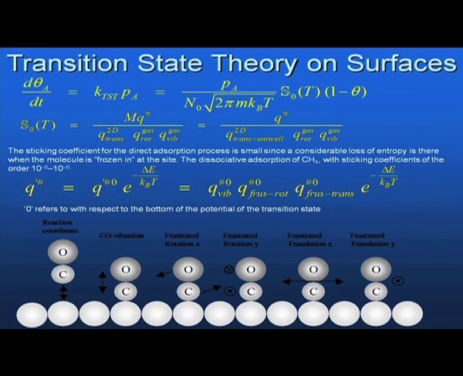Now, it is typically categorized into two, one is indirect adsorption, another is direct adsorption. Okay. Now, for indirect adsorption, what happens is that it is loosely bound. Okay. So, loosely bound means it has got the option to move around on the surface, and the corresponding sticking coefficient is high enough.